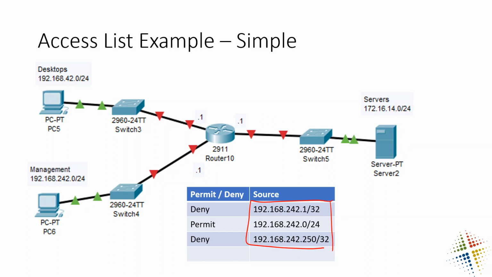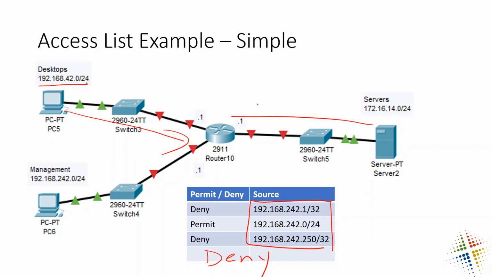Therefore, in theory, this isn't exactly how it works. If this network over here tries to send traffic, there is an implicit deny at the very end, which would stop all of that. It's not written, but it's implicitly denied at the very end.